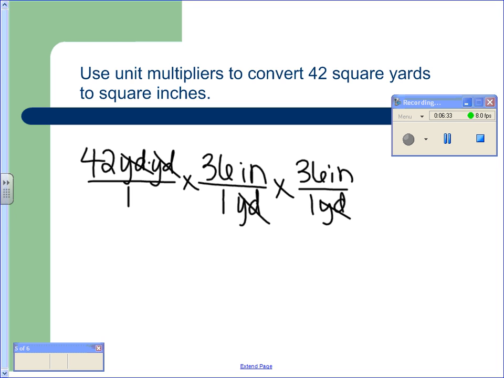Okay. So what the book has for their answer for this question, that's what their answer is. Is that what we got?